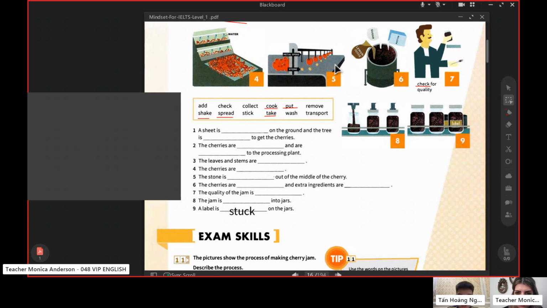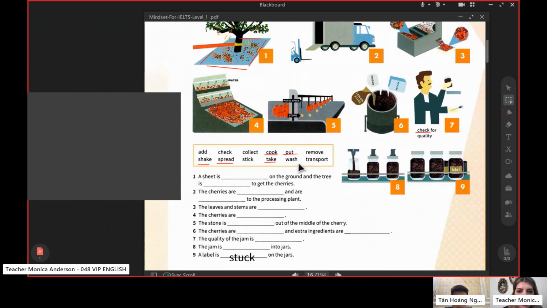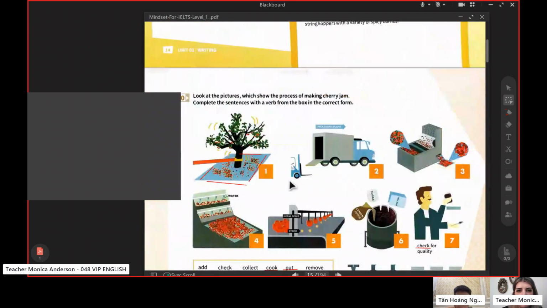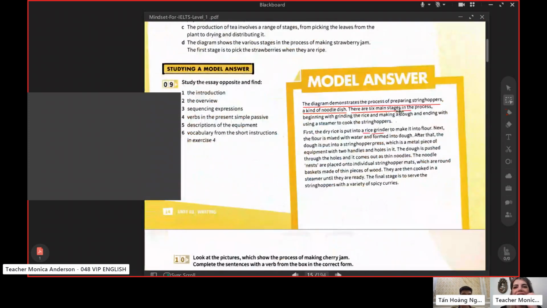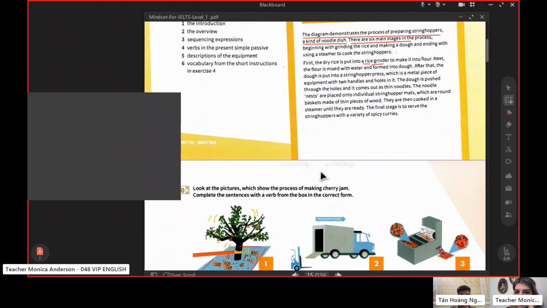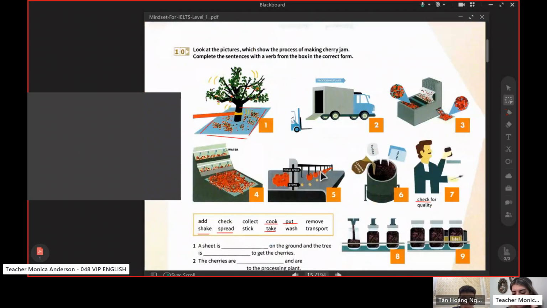Could you scroll? Scroll up or down? Up. I need to see. Okay. Could you scroll down again? Of course.